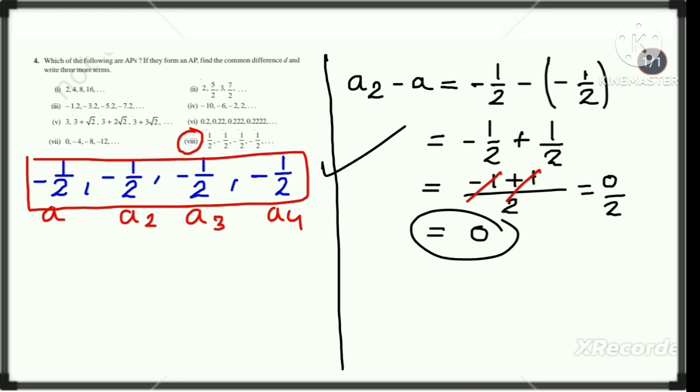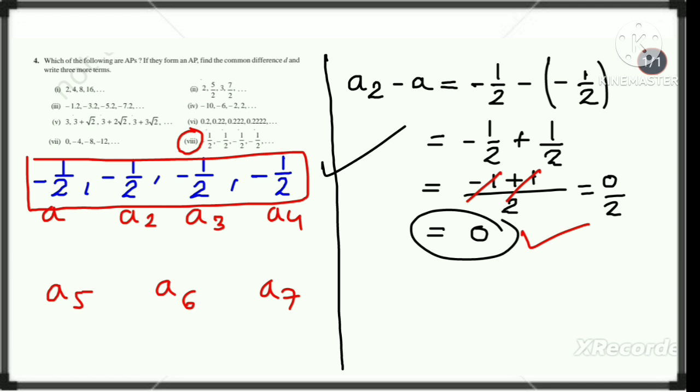an AP. Now according to this question, we need to write its 3 more terms, that is A5, A6 and A7, and for that we simply add the common difference to consecutive terms. But here the common difference is 0. As we know, when we add 0 to any number, we obtain the number itself.